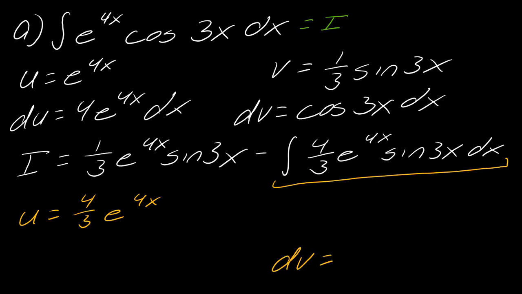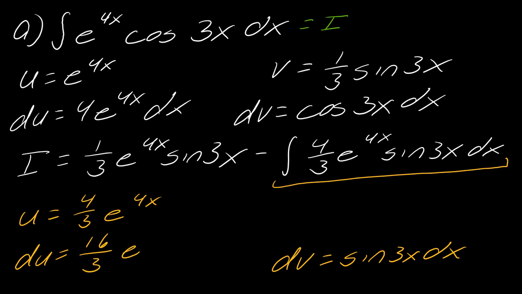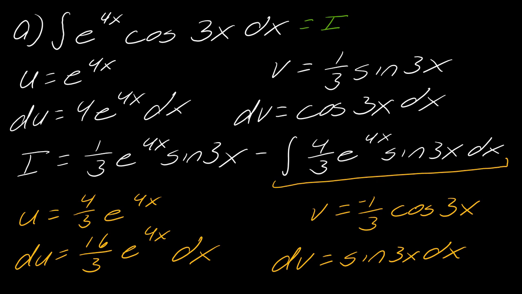And my dv is going to be sine 3x dx. Therefore, my du is going to be 16/3 e to the 4x dx. Again, we're using the chain rule here. And v is going to be negative 1/3 cosine 3x.